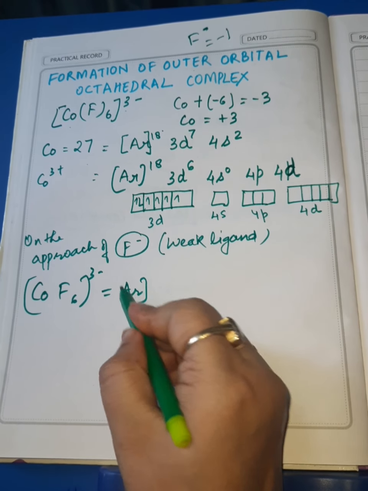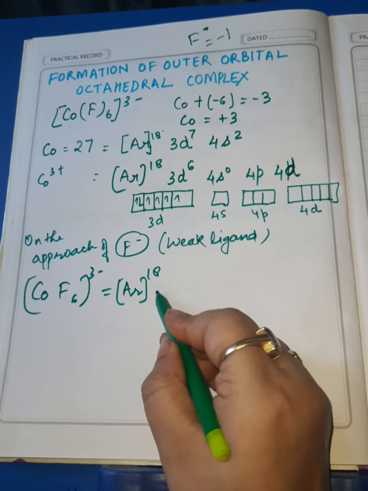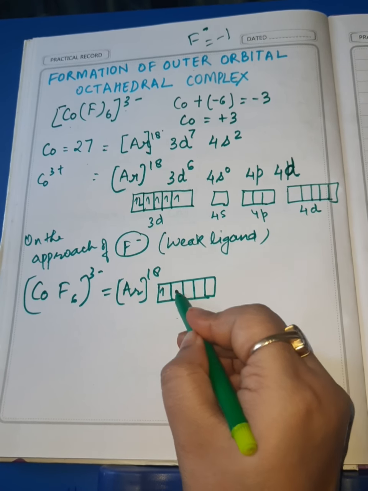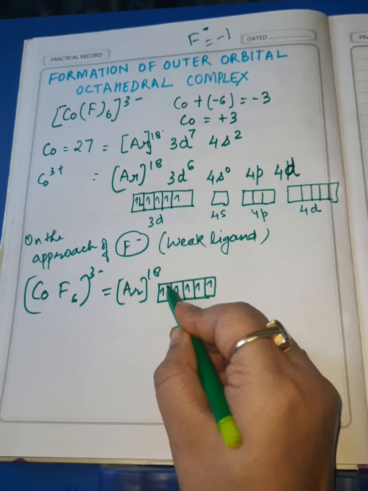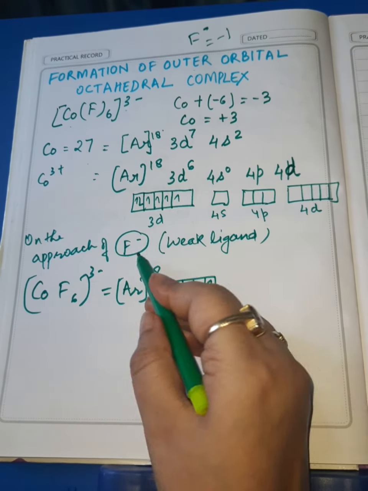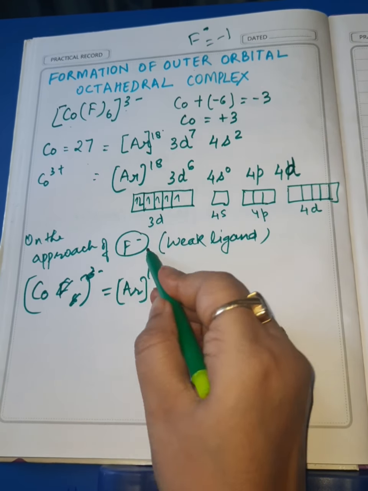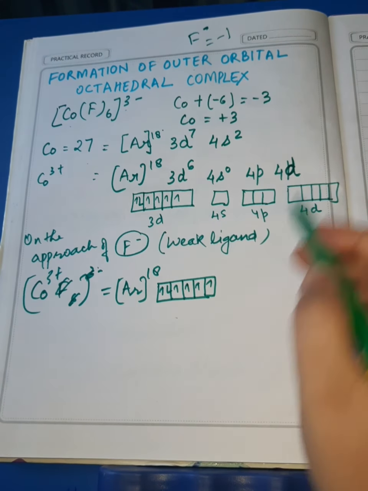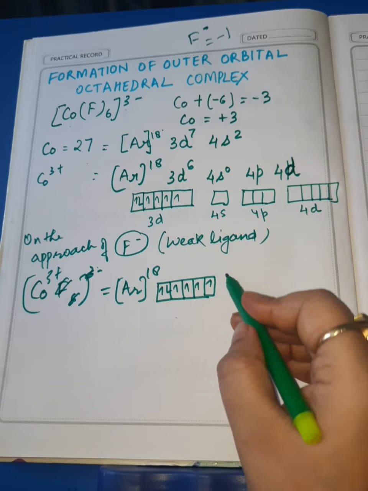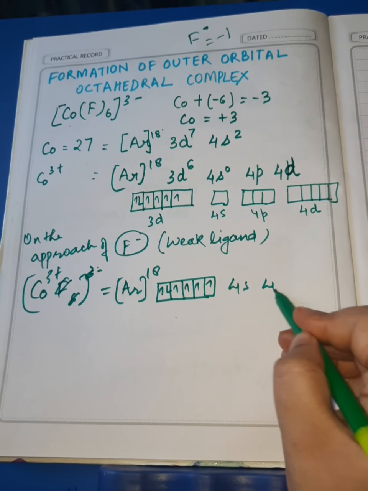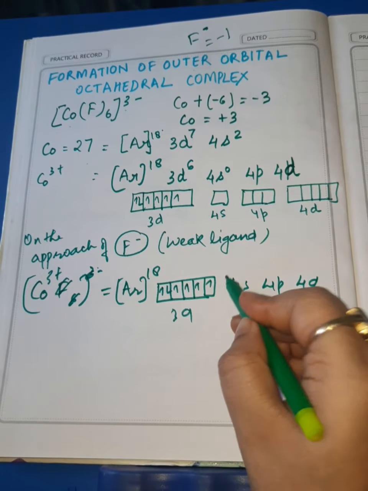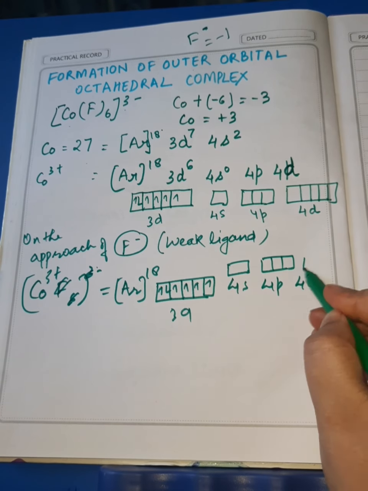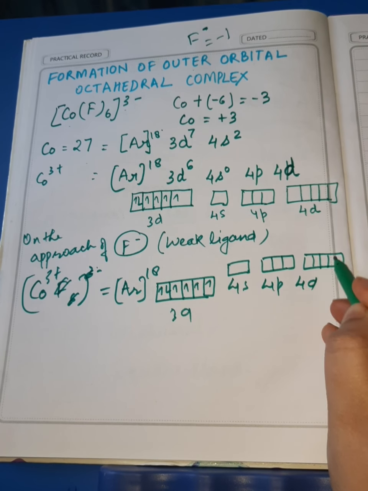Of the cobalt central metal ion, argon 18, 3d contains 6 electrons, and then these orbitals will undergo hybridization. So 4s, 4p and 4d, not 3d. From 4s 1 orbital, 4p 3 orbitals, and 4d we have 5 orbitals.